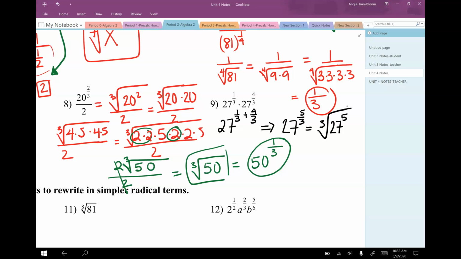How many of those do we have? 5. So I just write 3 times 3 times 3 times 3. How many times? 5, because I got 5 27s. All right, 3 times 3 is what? 9. Now 9 times 9 is what? 81 times 3 is what? 243. Beautiful. Box it up.